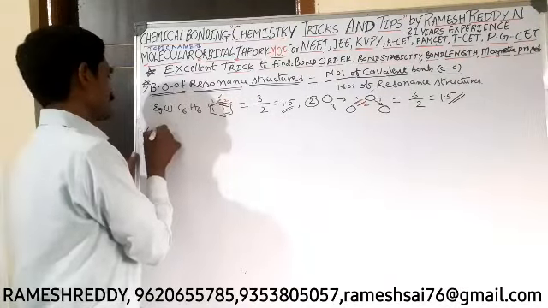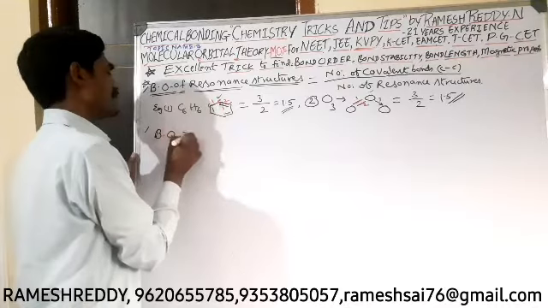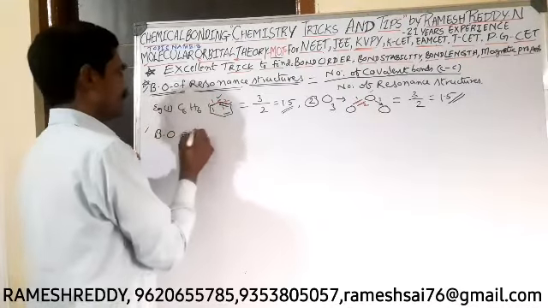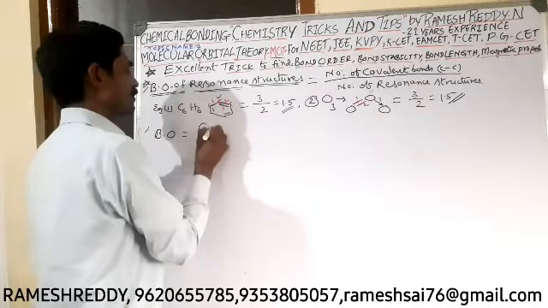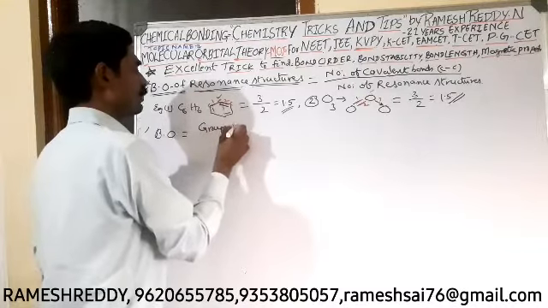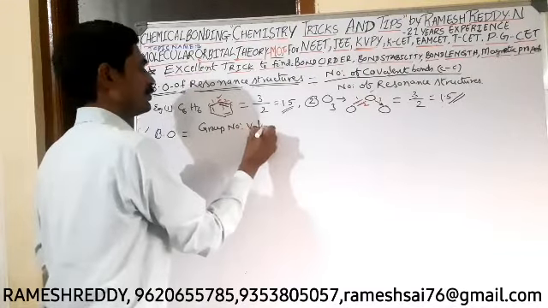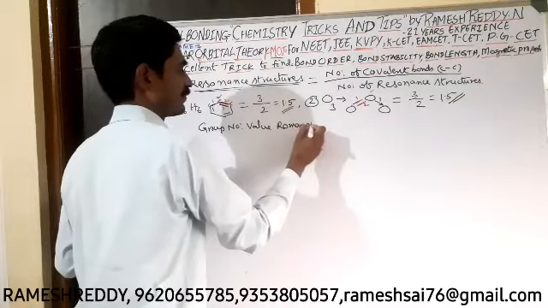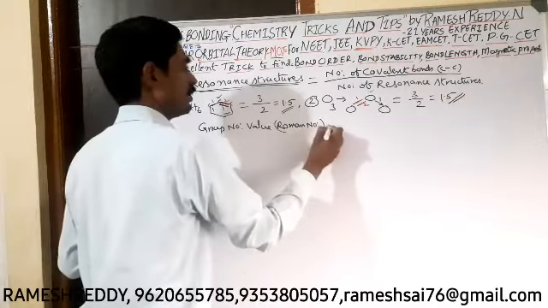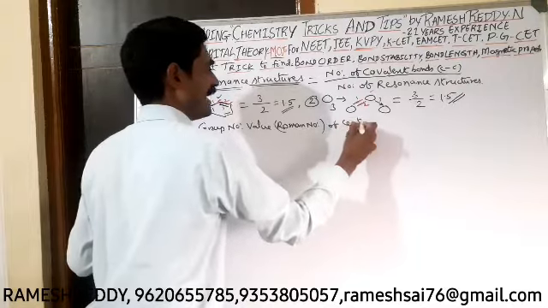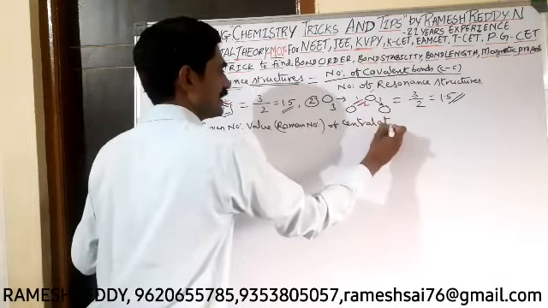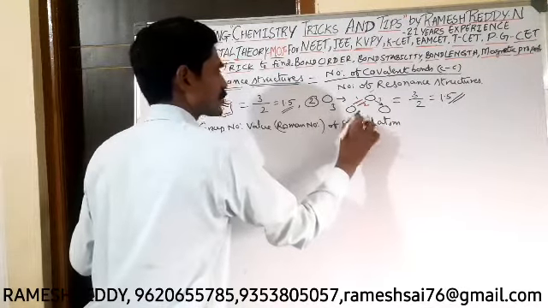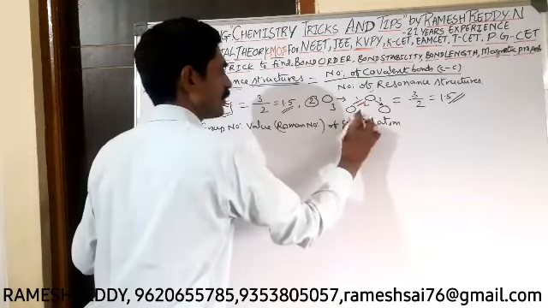The bond order is equal to the group number value, that is the Roman numeral, of the central atom. That central atom belongs to which group in the periodic table?